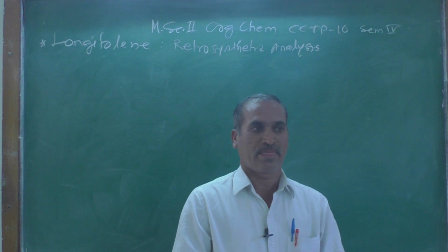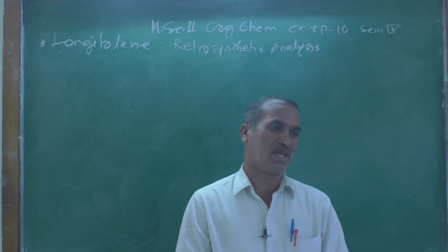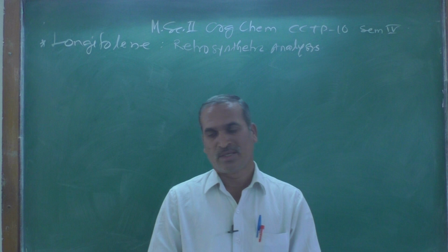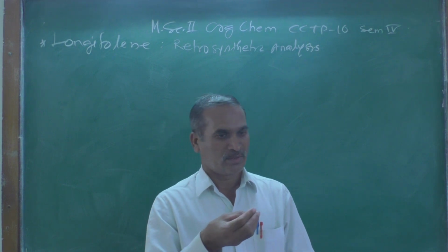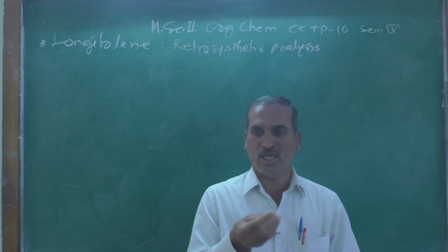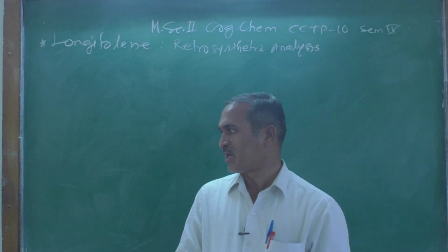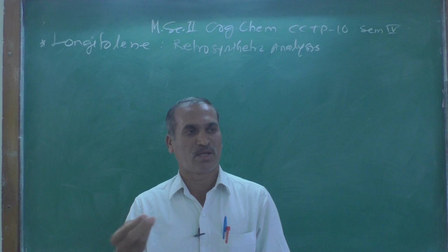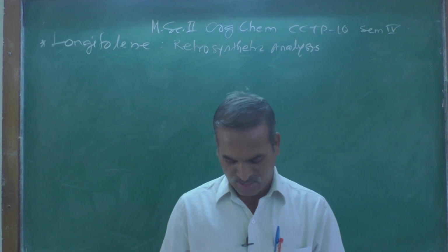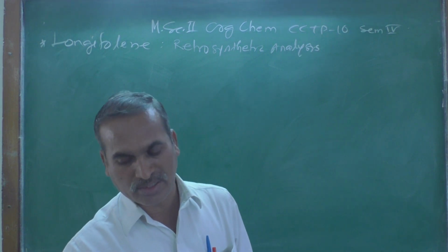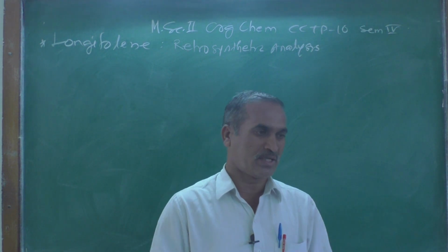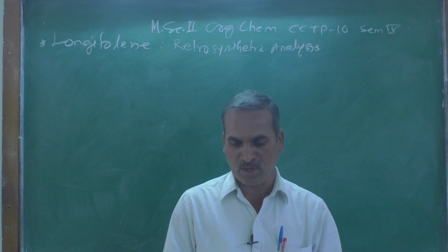are generally obtained from the various parts of the plants, and they are found to be very useful from a medicinal point of view, and that's why we are studying this type of selective representative natural product.